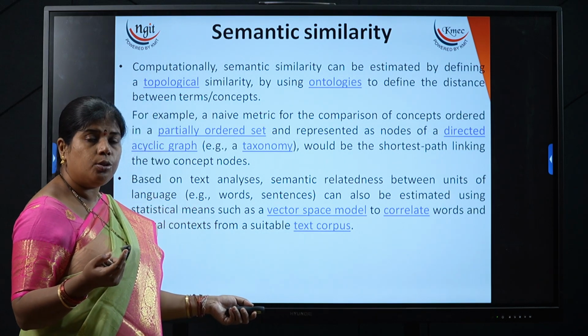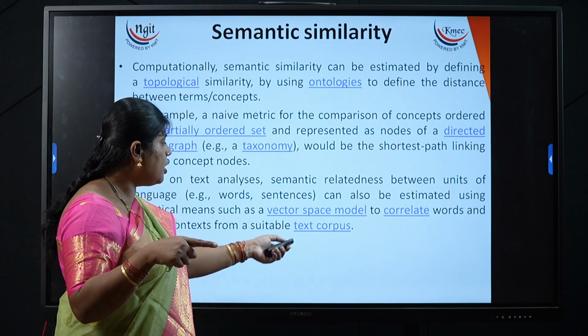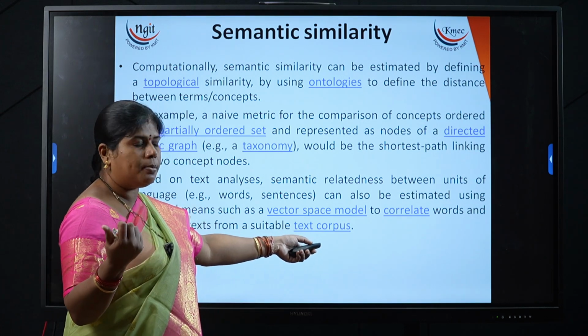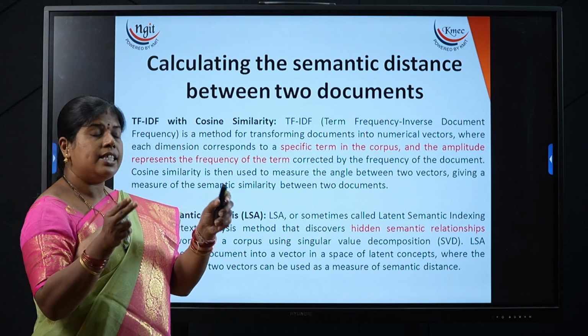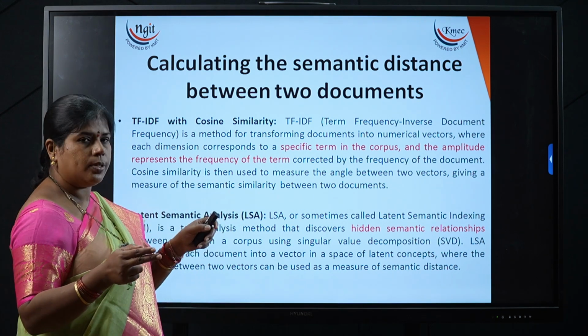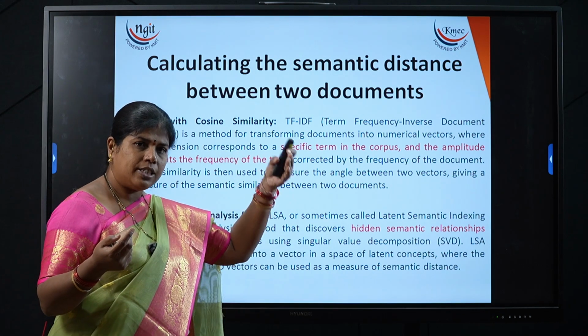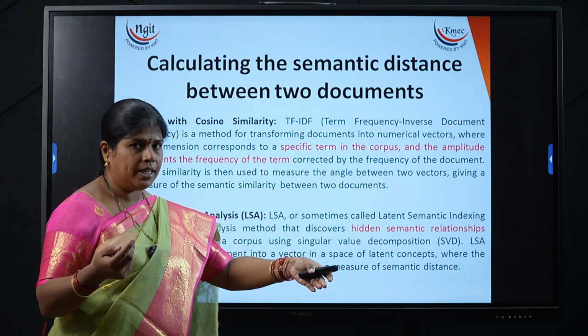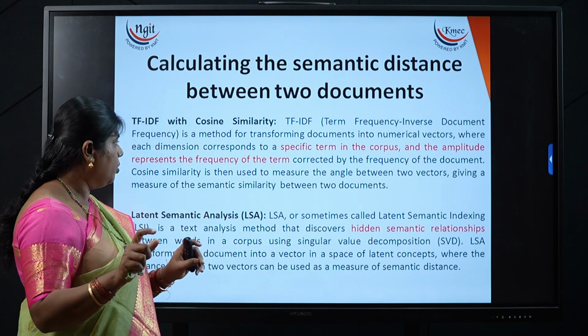Now what I want to do is correlate the terms that are present in your document as well as the terms that are present in my query. Then how am I going to find out the distance between the two documents? Distance between two documents means the document that is in my corpus, in my database, and the query, which is also considered as one of the documents.